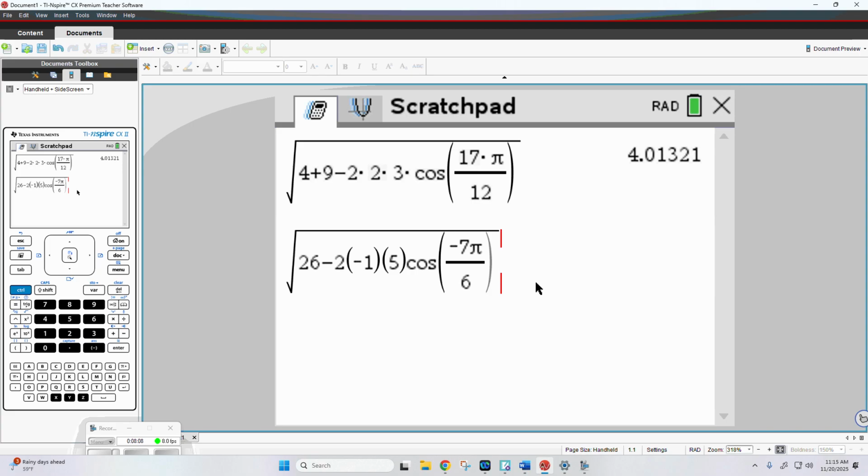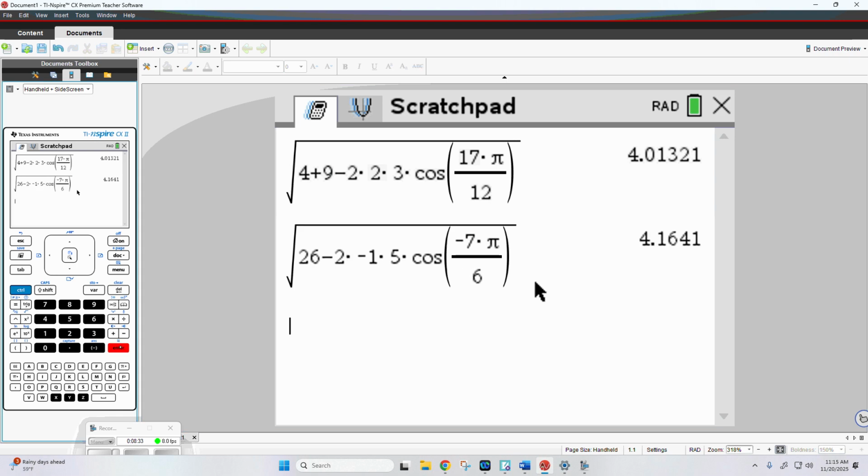What distance am I going to find when I push enter? Anybody? What do we get? 4.16. Yes. 4.16 units. There we go.